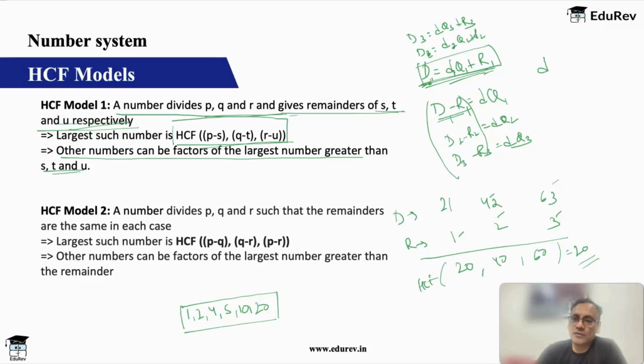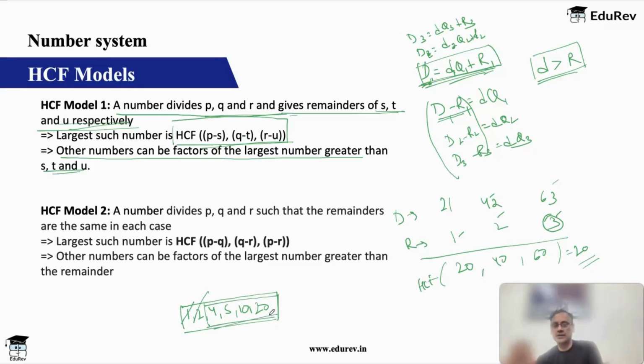Your divisor will always be greater than the remainder. Remember that. Your remainders are 1, 2 and 3. The largest remainder is 3, so your divisor or your HCF has to be greater than 3. So 1 and 2 are not possible. 4, 5, 10, 20, all these are correct. And you can check: 21 divided by 4 will also give you 1, 42 divided by 4 will give you 2, and 63 divided by 4 will give you 3.